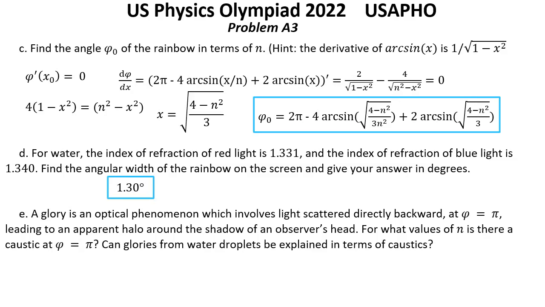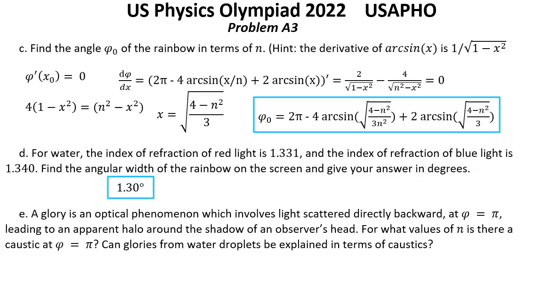Solution. Referring to our answer above, we have a caustic whenever the denominator, d phi over dx multiplied by sine phi, vanishes, and the sine phi vanishes for phi equal to pi.